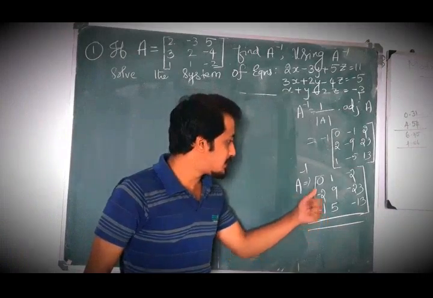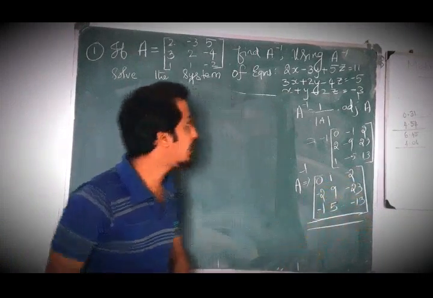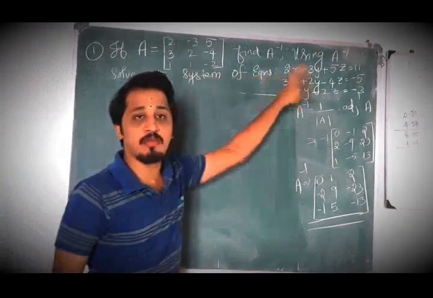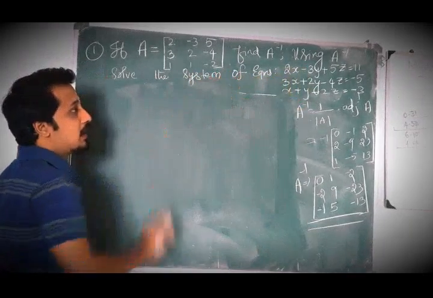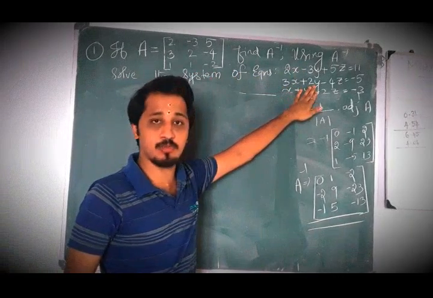So this is A inverse: 0, 1, minus 2, minus 2, 9, minus 23, minus 1, 5, minus 30. Using this A inverse, we have to solve the system of equations. We have linear equations with three unknown variables, x, y, z.